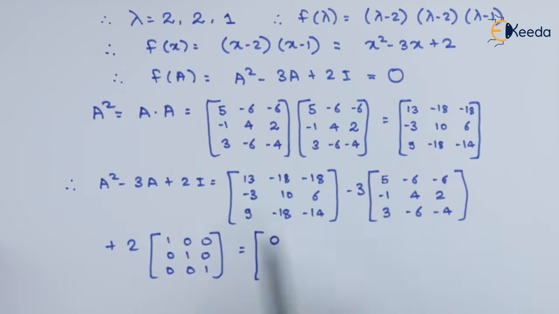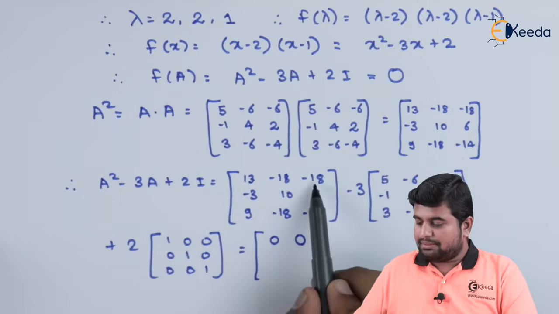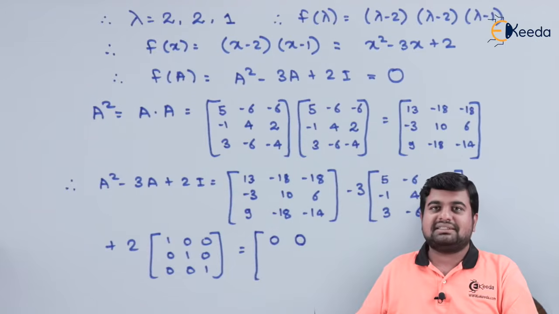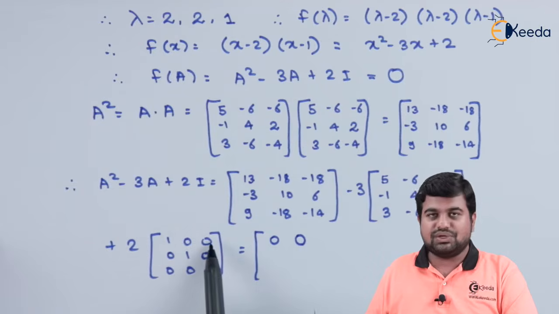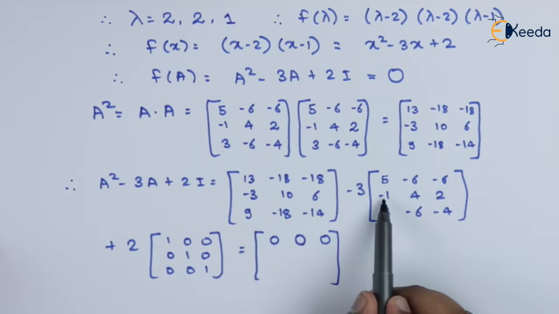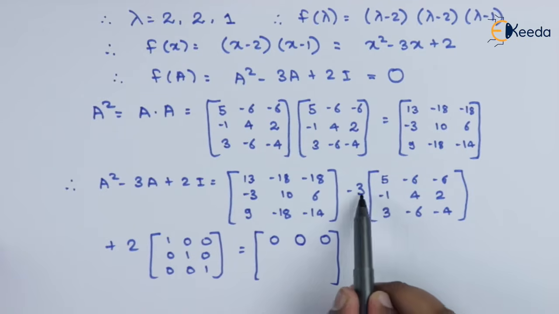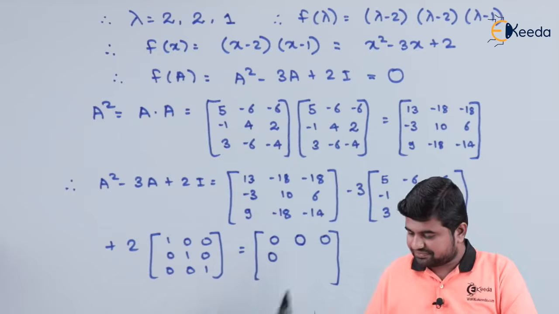Minus 18 plus 18, 0, and plus this 0 is equal to 0. Minus 18 minus 3 into minus 6 plus 18. Minus 18 plus 18 is equal to 0, plus 2 into 0, which is 0. Minus 3 into minus 1, which is plus 3. Minus 3 plus 3 is 0, plus 2 into 0, which is 0.